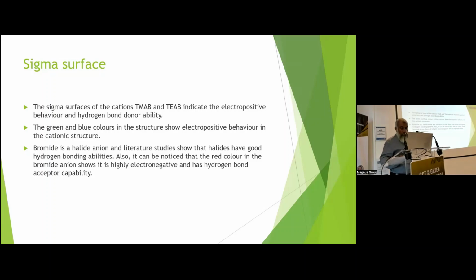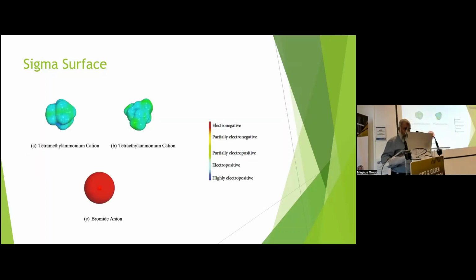Also, it can be noticed that the red color in the bromide anion shows it's highly electronegative and has a hydrogen bond acceptor capability. And this is the sigma surface shown by the software, and the color indicates, as you see, from the red to the blue, the electronegative, and the electropositive for the blue.